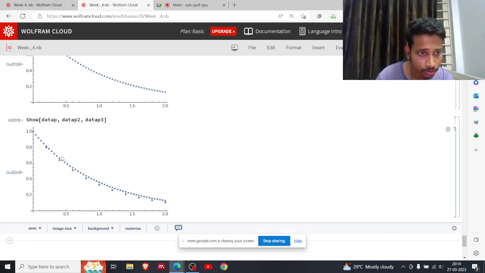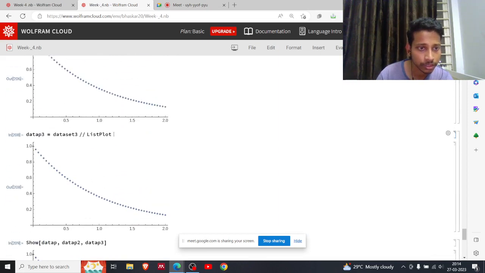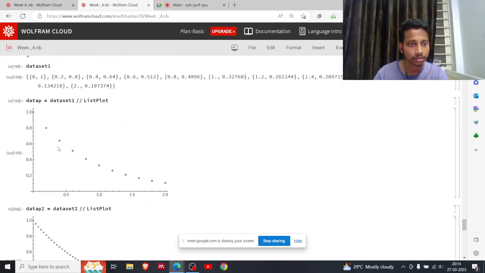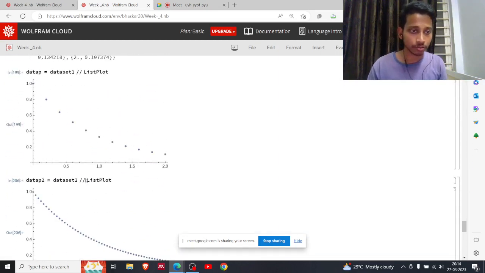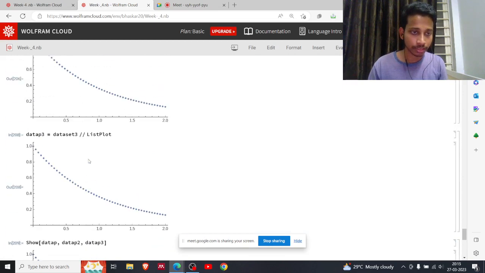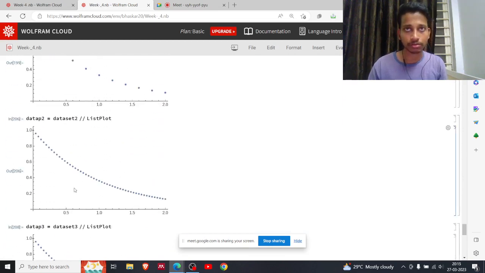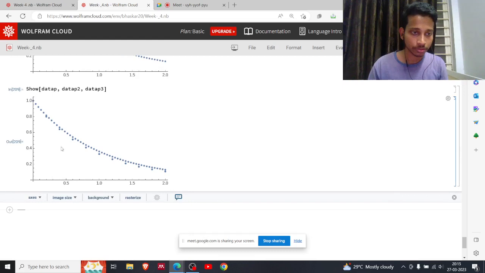Here you can see the plot with the large spacing corresponds to n max equal to 10. These two plots correspond to 50 and 100 points. So you can see that the plot corresponding to 10 points is coming a little lower, but 50 and 100 are almost coinciding with each other.